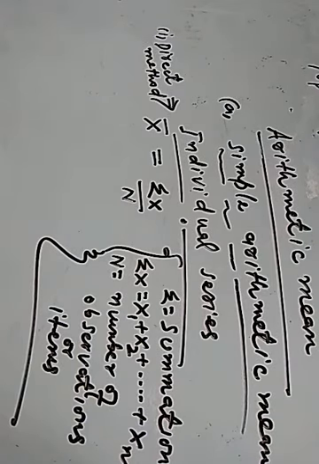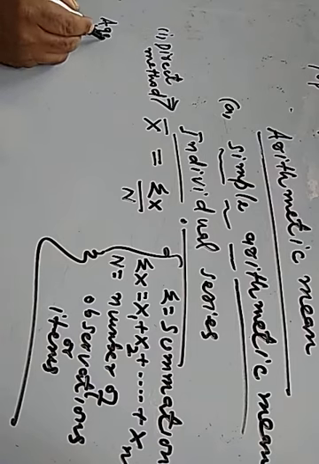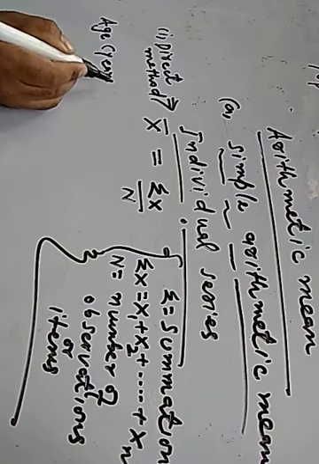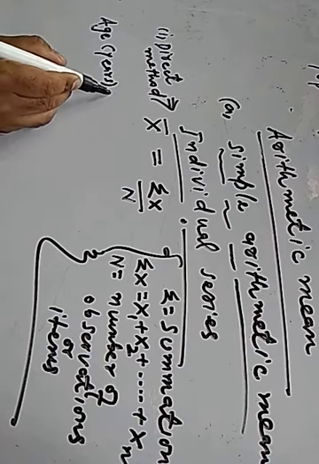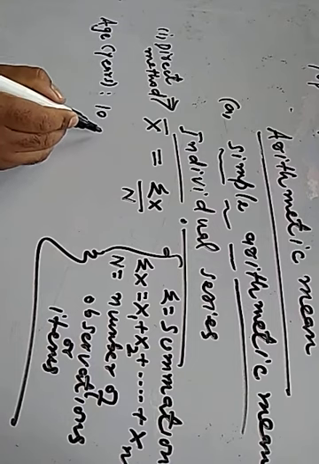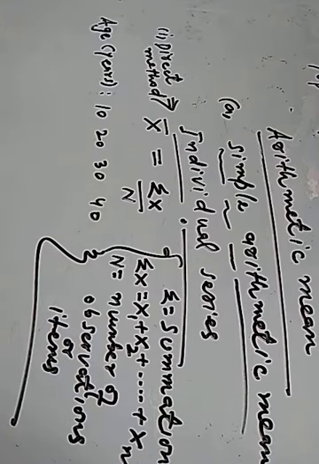Now we will do some examples using direct method. Suppose the data given is, the variable is age measured in years, and the data given is 10 years, 20 years, 30 years and 40 years.